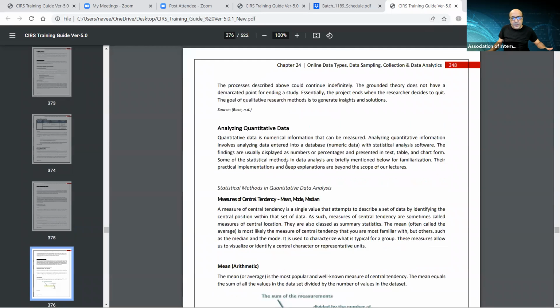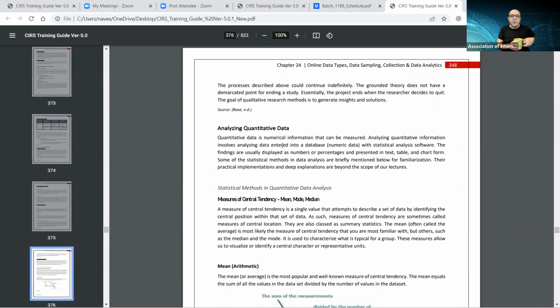When it comes to quantitative data, we use statistical methods. Let's discuss one of the methods, called statistical methods in quantitative analysis. Quantitative also means that they are mathematically inclined, so you have to have some understanding of the fundamentals of statistics.